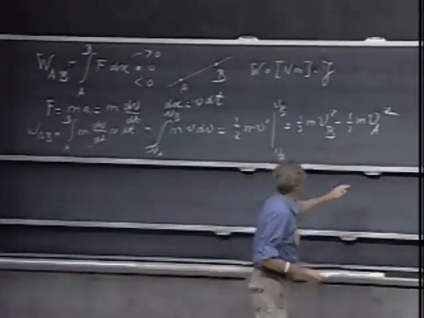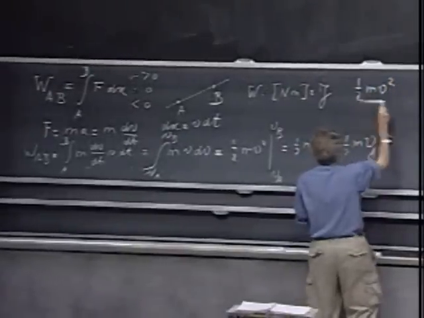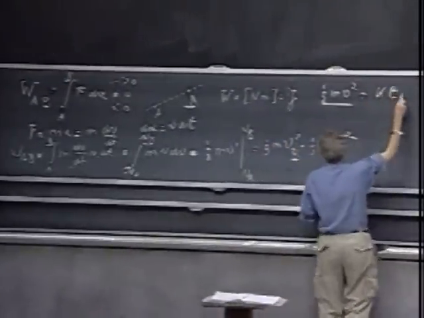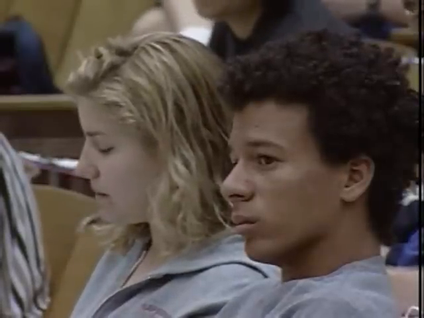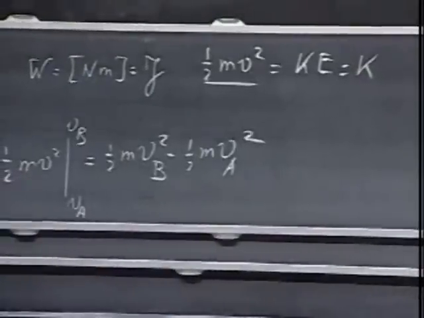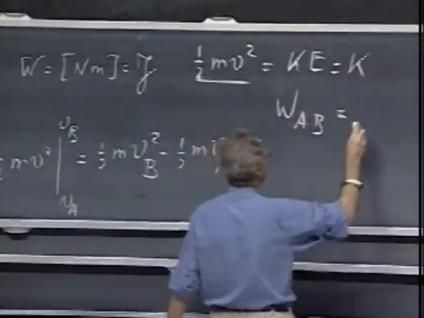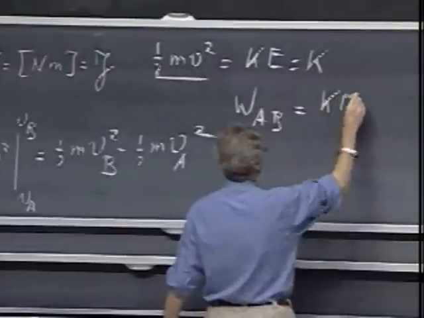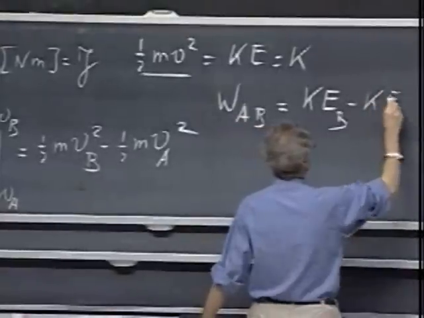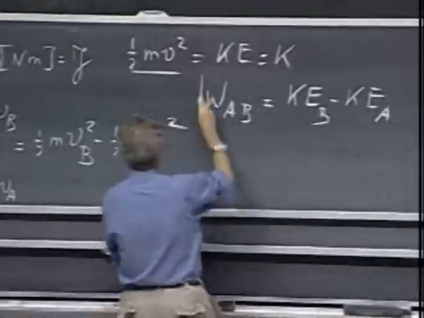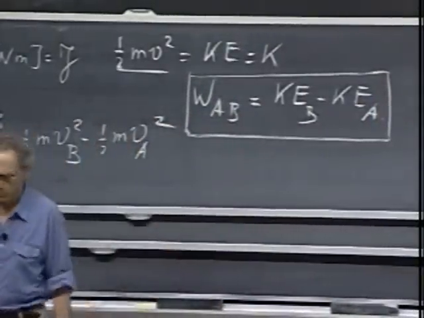1/2 m v squared is what we call in physics kinetic energy. Sometimes we write just a K for that. It's the energy of motion. And so the work that is done when a force moves from A to B is the kinetic energy at point B, you see that here, minus the kinetic energy at point A, and this is called the work-energy theorem.